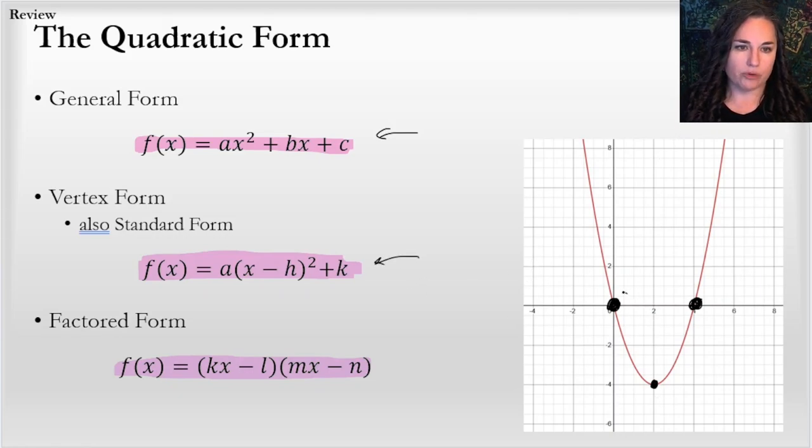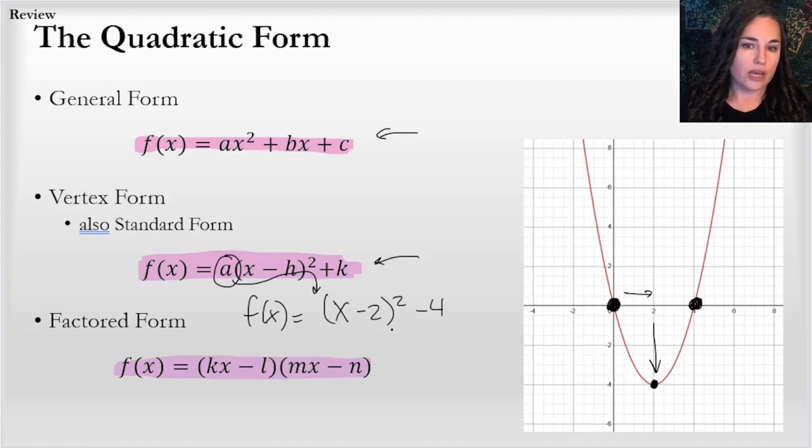For instance, I move over 2 here and down 4, so it'd be easy to write out the x minus 2 squared minus 4 part of this function, right? And then I'd have to do this test. I need to still figure out what this a value is, right? But I could write that out.